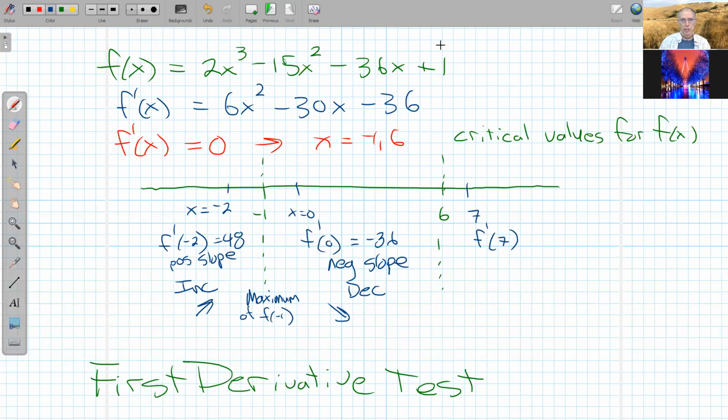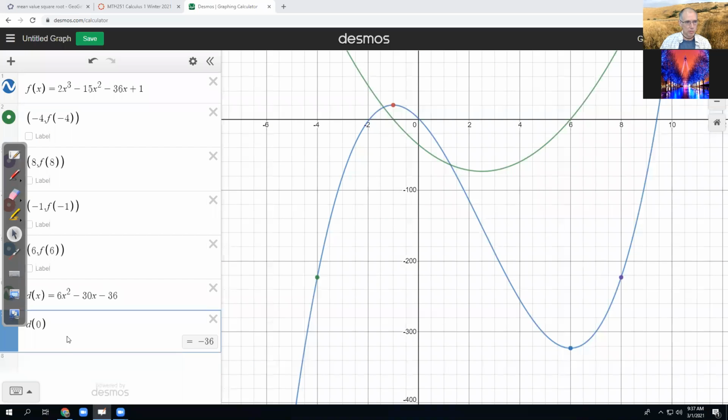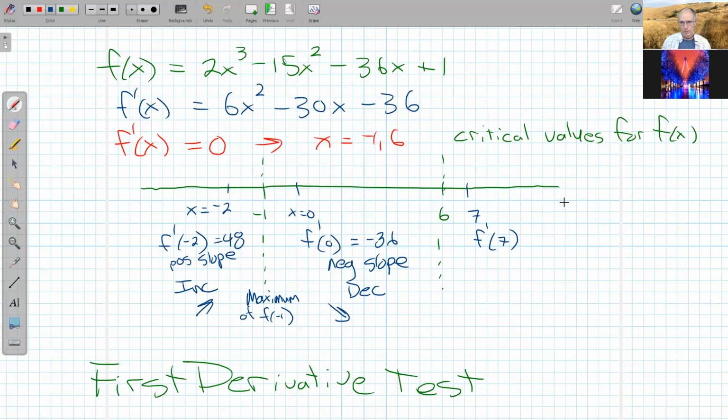And we have to calculate that too. So we also want to check out 7. Any number on the other side of 6, it doesn't matter whether I plug in 7, 8, 9, or 10, I'm getting a positive number. 7 had a slope of 48, so we have a positive slope.